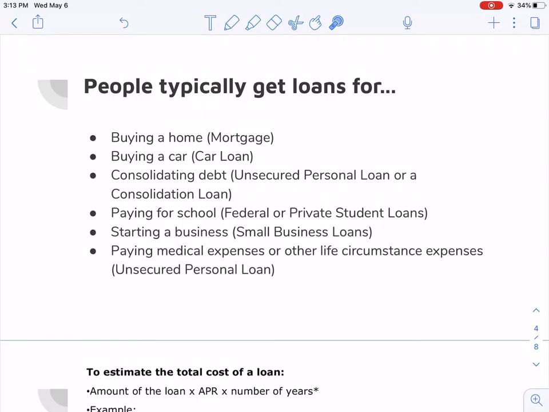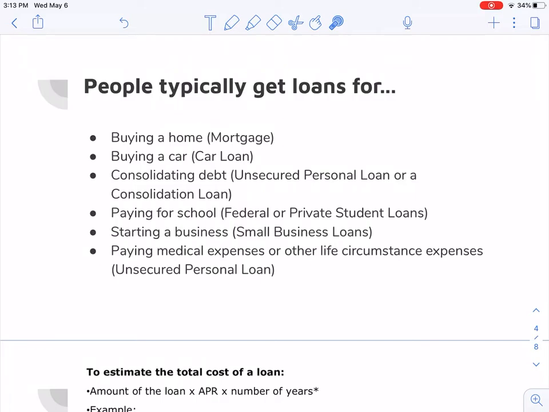And then you're just paying it in one place. Another reason people get loans is paying for school. And that can be federal or private student loans. Federal would be through a federal student loan, and that is taken out from the government.